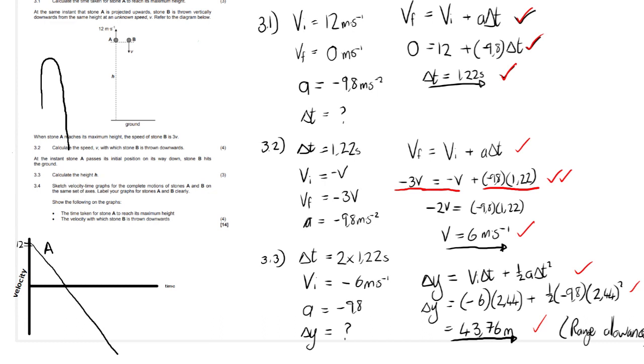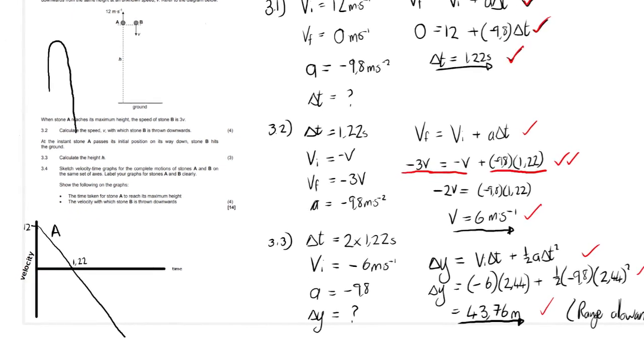At which time did stone A reach its maximum height? At which time did it have a zero velocity? Well, the time was 1,22 seconds. That's important to note. Let's have a look then at stone B. Stone B, it had started with some initial downwards velocity, and so it had some initial negative velocity, which we calculated was -6.